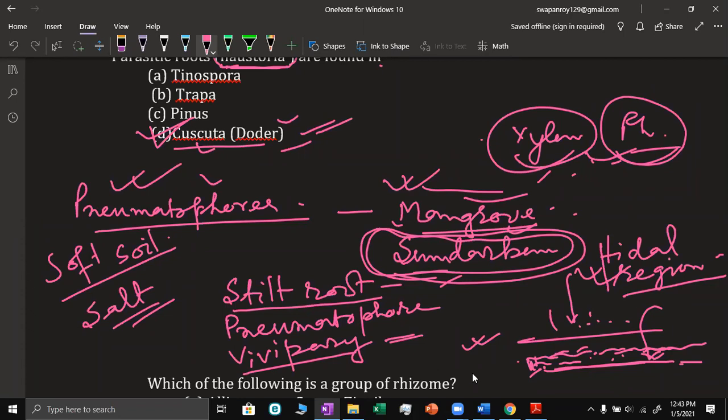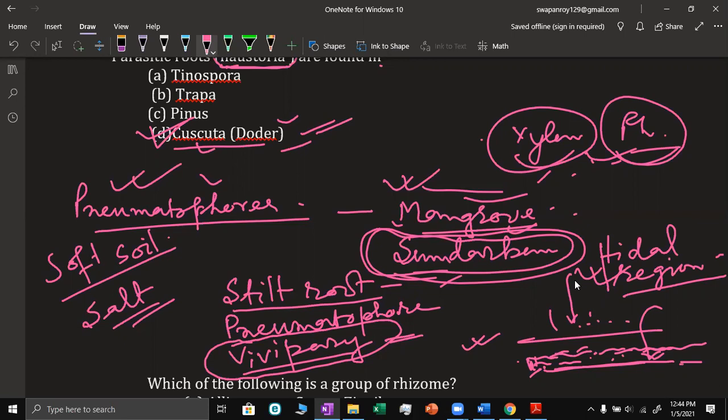And that's why in this plant, when the fruit is still attached with the mother plant, the seed germinates, grows into quite a big seedling, and after that it detaches from the mother plant and falls directly in the soil, and as the root side is heavy, it moves a little bit inside the soil. It means plantation also takes place.